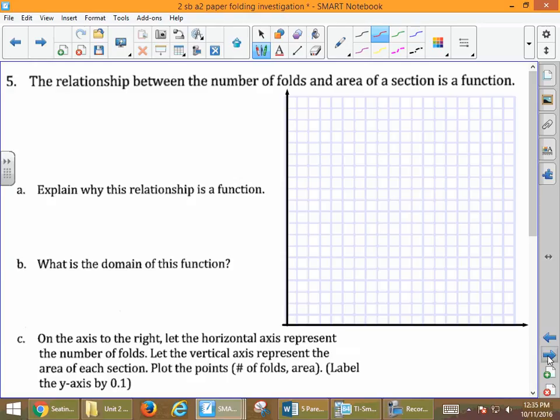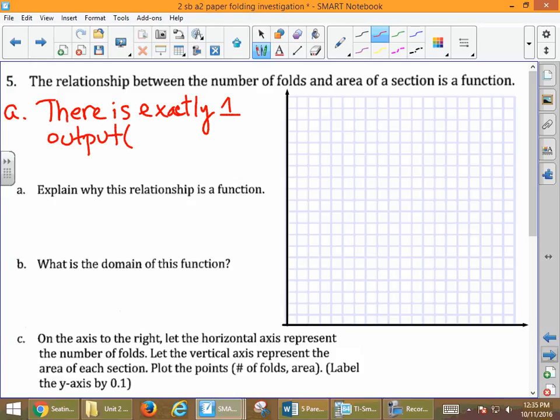I am going to write the answer to A here, just to give myself a little bit more space. But once again, remember that we're looking at the relationship between outputs and inputs. And the answer is really close to the same that we put on the front. There is exactly one output.